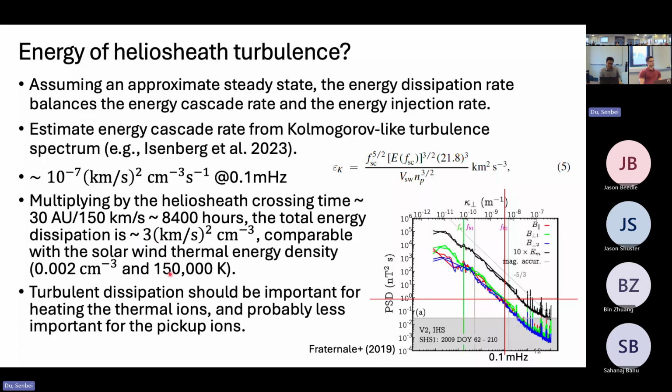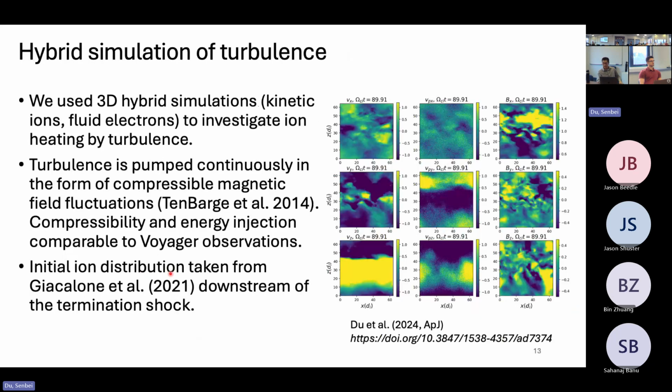So this means that the turbulent dissipation should be important for heating the thermal ions, but it's probably not so important for the pickup ions because the pickup ions are much more energetic. We try to confirm this with some hybrid kinetic simulations with kinetic ions and fluid electrons.